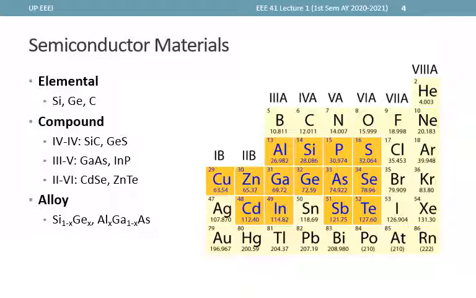For a 3,5 compound, the group 3 element can borrow 1 electron from the group 5 atom, then both would have 4 effectively. However, among these, silicon is currently the most common because of its abundance. It can be obtained from sand, and also its usability around room temperature and ease of fabrication and processing.